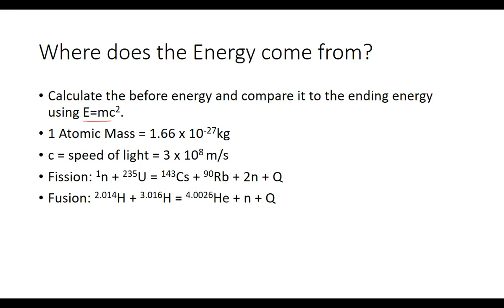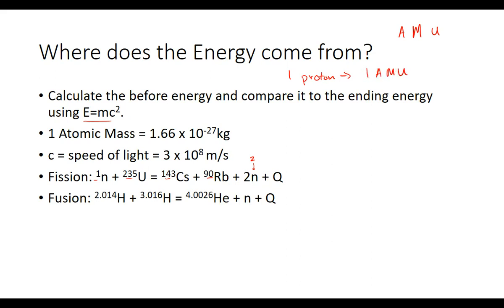So let's start with our fission here. I'll start with this first one. If we look at this, these numbers are the atomic masses. Two neutrons would be basically two atomic masses. Remember that these would be in what's called AMUs, atomic mass units, which refers to the fact that one proton has an atomic mass unit of one.